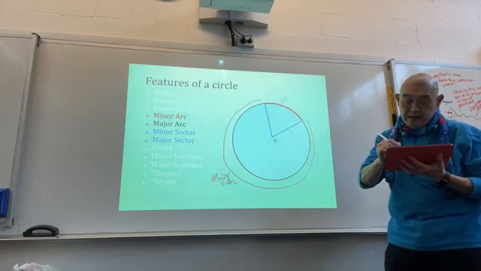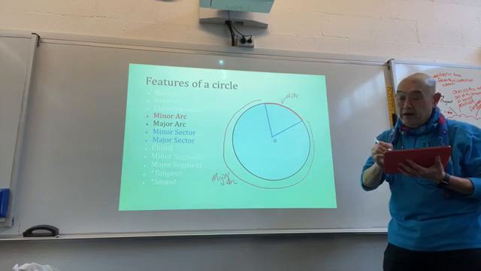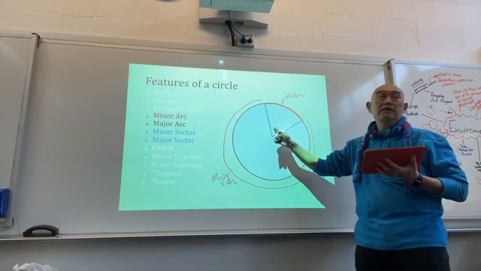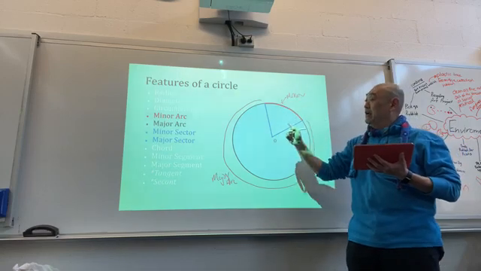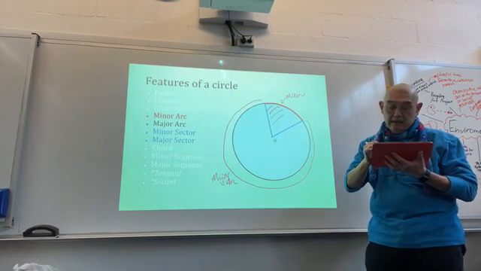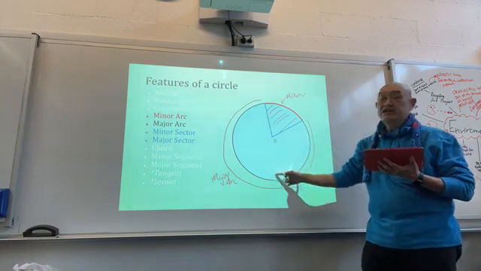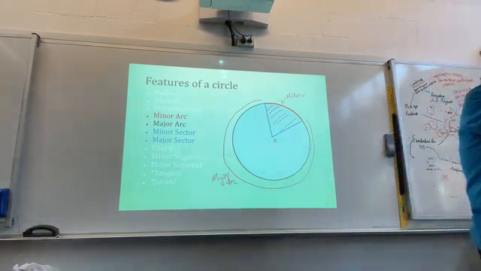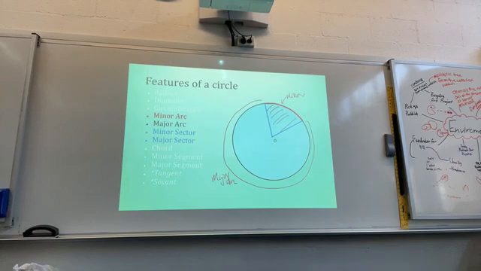Look at the angle. The smaller angle is the minor. Just like this is the minor sector, whereas this is the major sector. That's the difference. Major and minor is just between the angle, that's it.